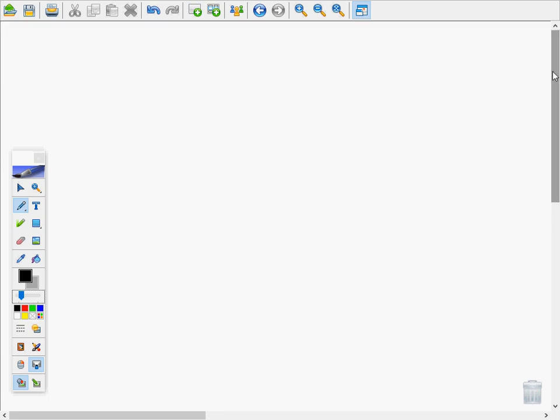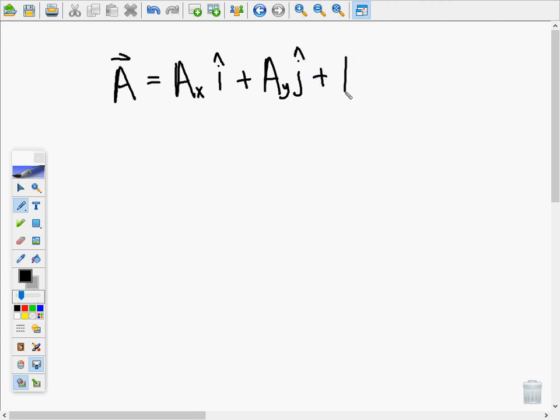So if I had two vectors, vector A equal to Ax times unit vector i plus Ay times unit vector j plus Az times unit vector k.